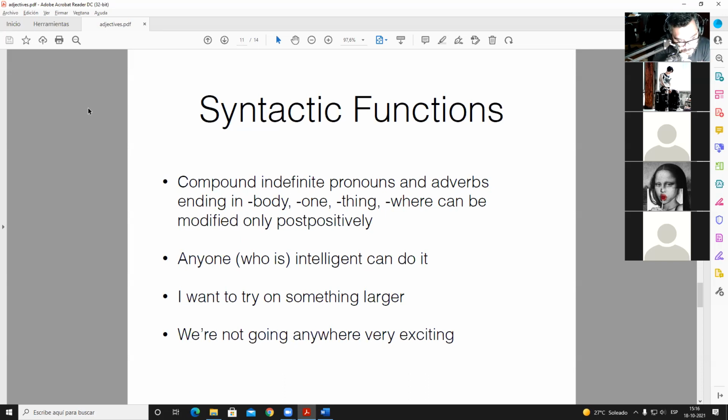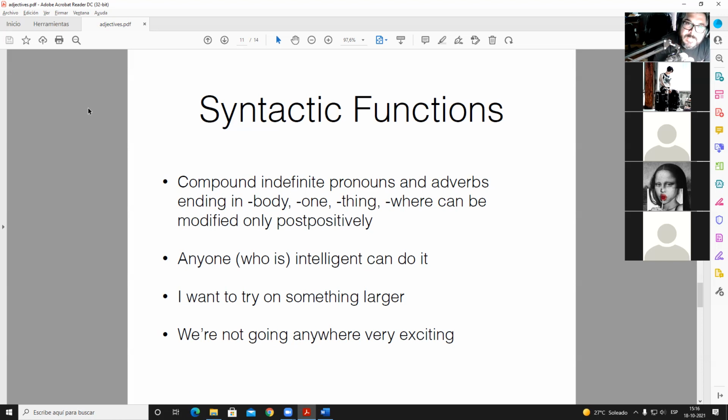There, as you can see, anyone is a pronoun because it's replacing an entity, right? Anyone intelligent can do it. And as you can see, intelligent is right after the noun head.